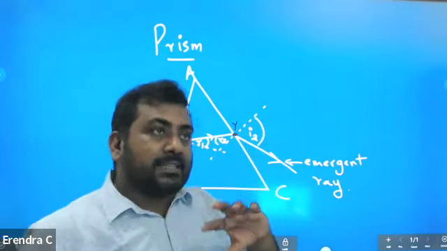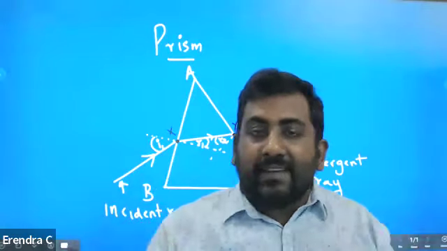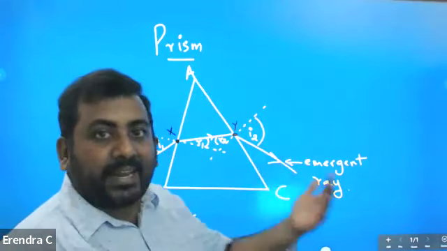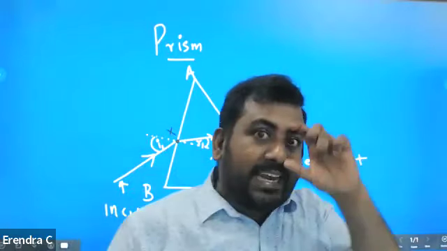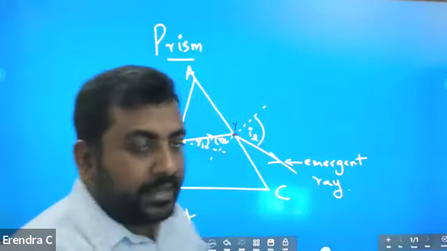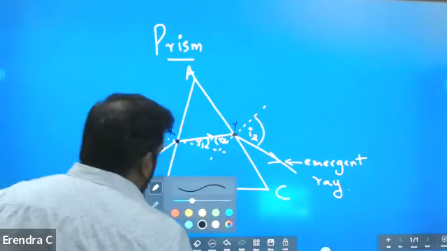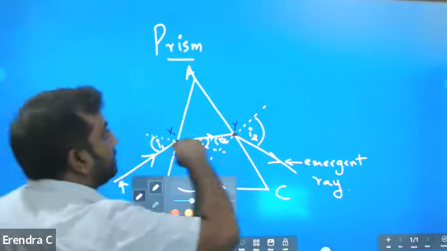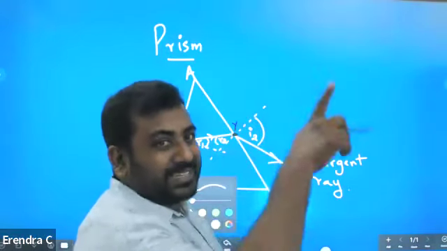So when refraction occurs, deviation of light takes place, and in prisms we focus on this deviation. The normal notation for deviation is delta.